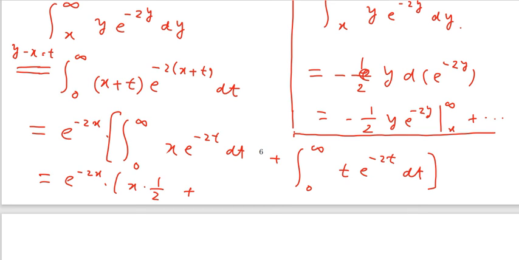If we multiply by lambda, which is 2, then this one integrated out is also a half.